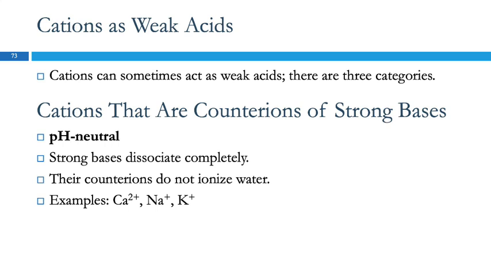So things like calcium, sodium, potassium, like sodium hydroxide. Here, sodium is the counterion of the strong base. By counterion, we just mean the ion of the other charge that's making that neutral. So a counterion can be an anion or a cation. The counterion to OH minus is Na plus.